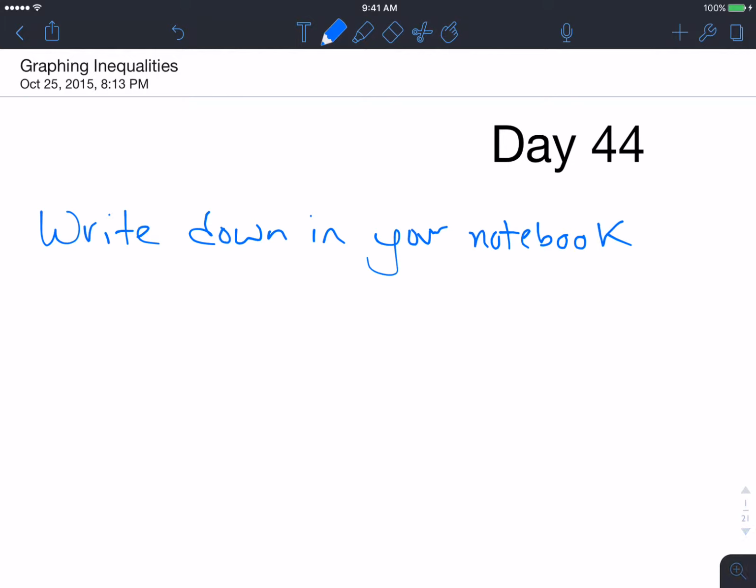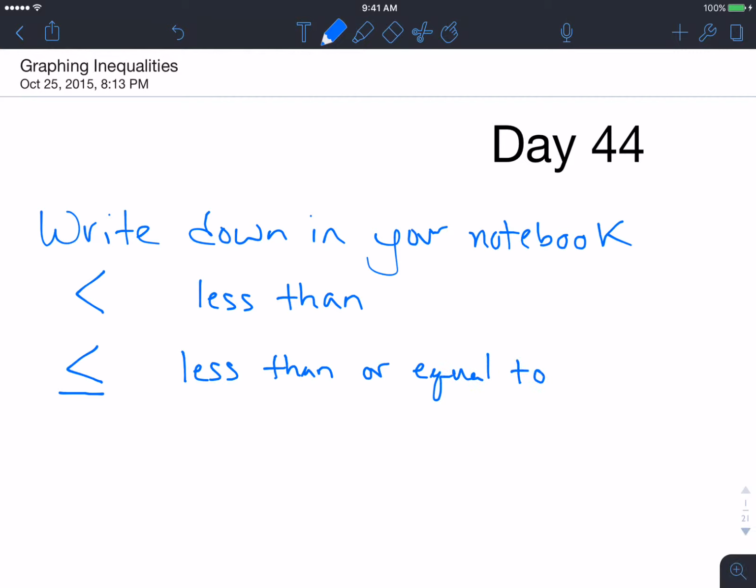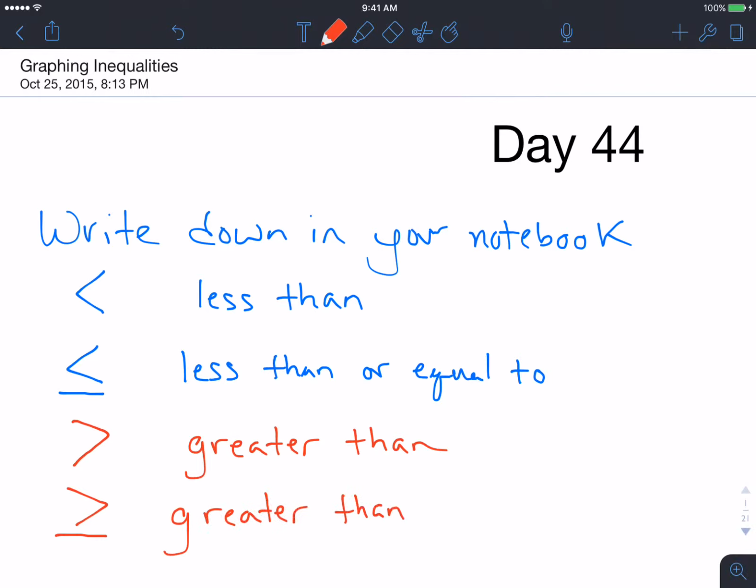Some inequalities you could get: less than, this one is less than or equal to, we have greater than, and this one is greater than or equal to.